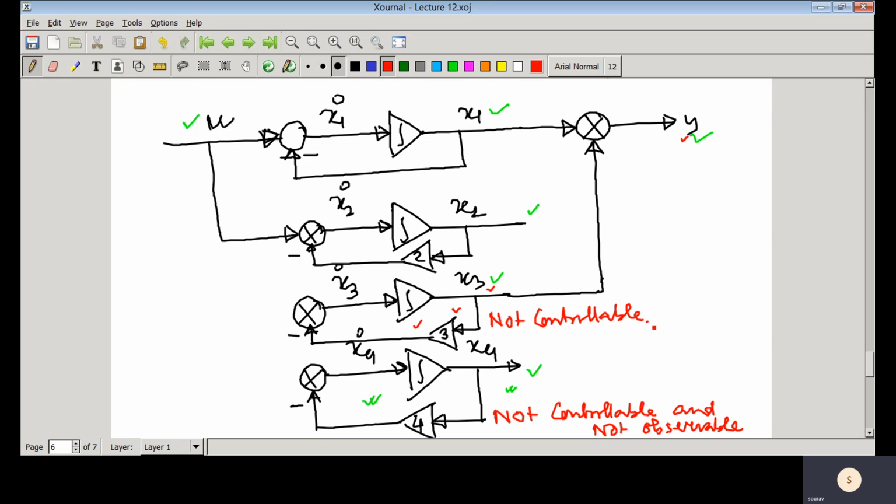So not controllable but observable. It can be observed there. And what about this state? You can see the control input is directly connected to this state. So it is controllable but not observable.